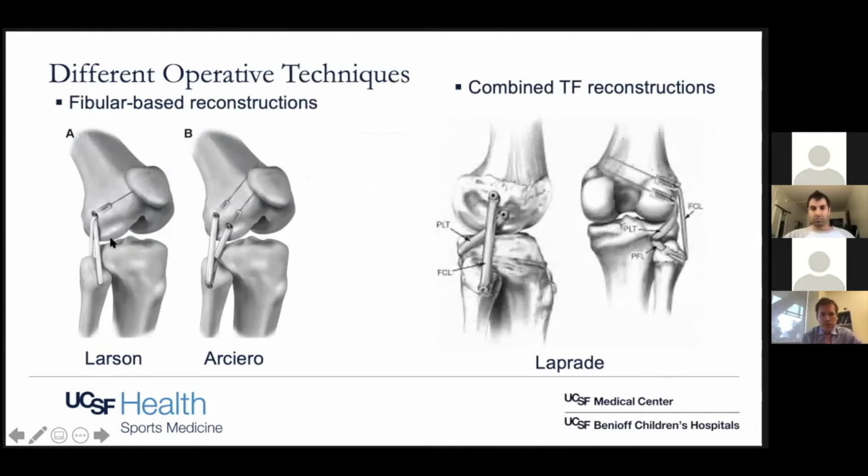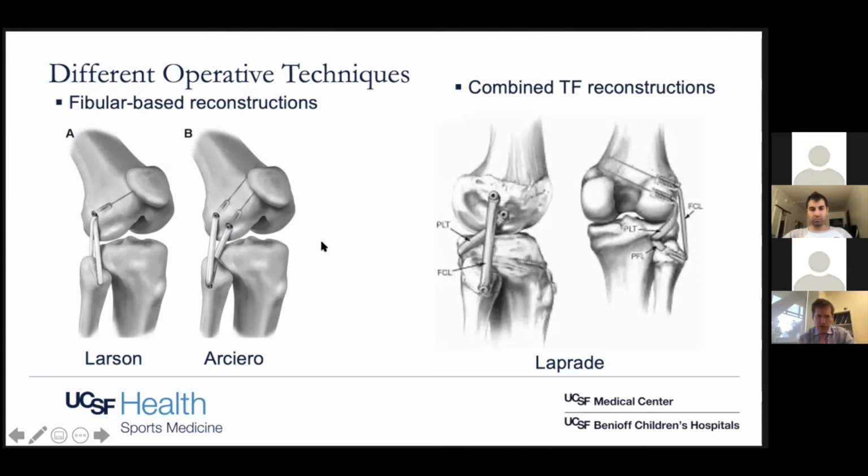This is a fibular-based reconstruction where you have a single point of fixation on the femur and then a tunnel through the fibula and have this kind of triangle-based graft. And this will reconstruct the LCL, but then that rotational control may not be restored because you're not reproducing that popliteus tendon function.